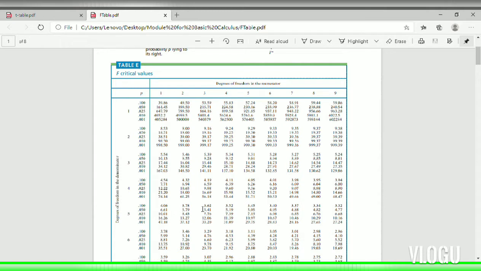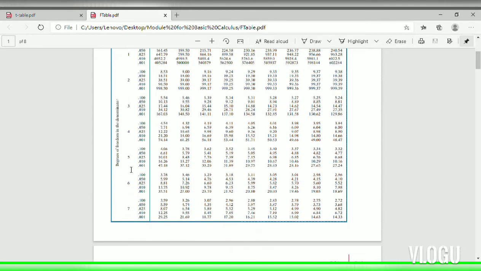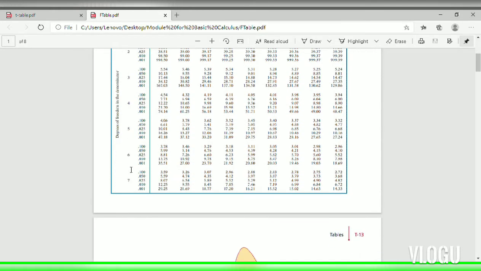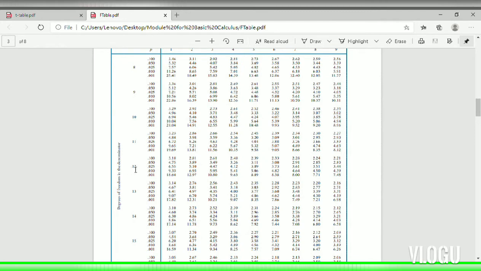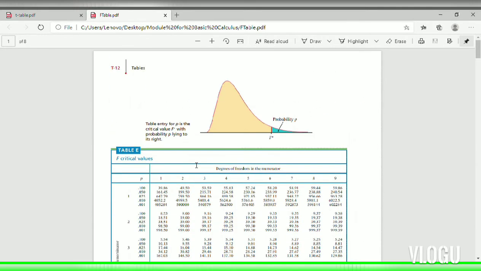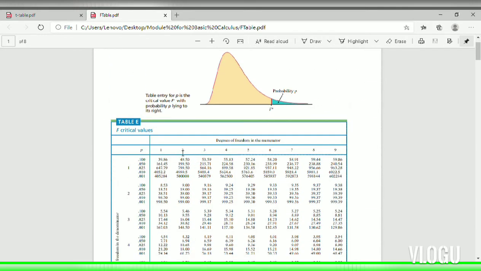So let's have a table here, our critical value of our F ratio. We have DF 12, degree of freedom is 12, for the denominator. We have 12 here, and our alpha is 0.05 here. So this line, and our degree of freedom of the numerator, which is 2 here.